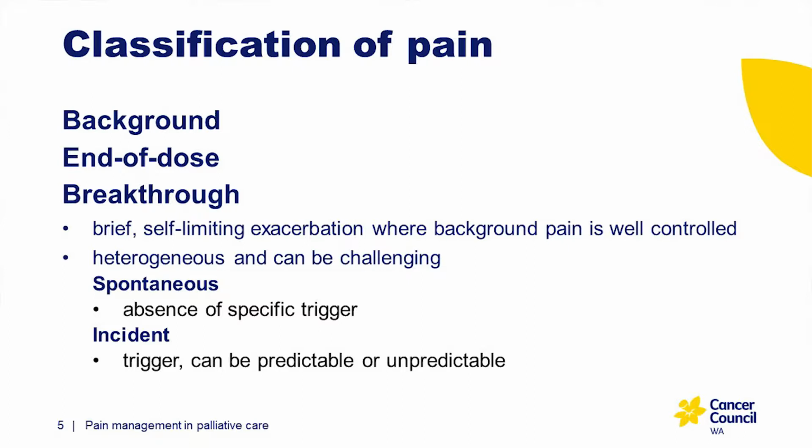So breakthrough pain is a type of pain that will happen. The patient generally through most of the day, their pain is fairly well managed, but they may have some flares of pain during the day. These may be spontaneous, so there may not be a particular trigger that they can identify. They may have just been sitting in their chair and suddenly their pain has got worse, or there may be incident pain.